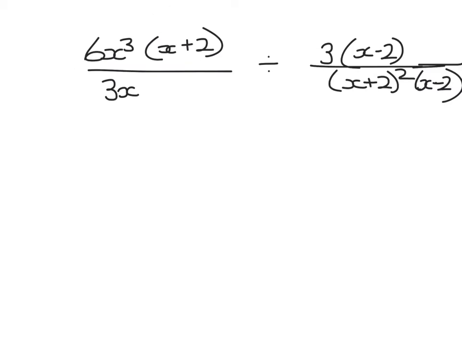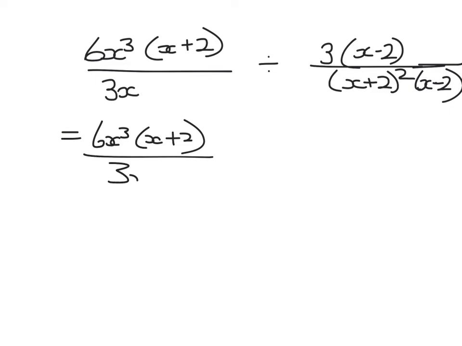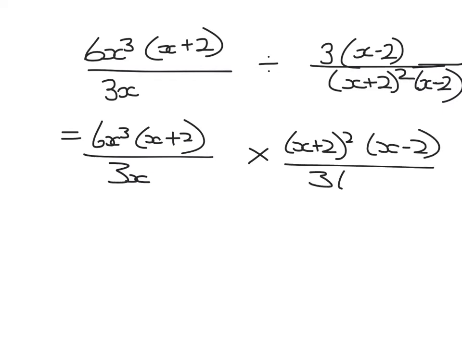Okay, let's do another one. This is a bit of a woozy, but we're going to do the same thing. First step, as always, we do keep, change, flip because it's dividing. 6x cubed times x plus 2 over 3x, and then we're going to times that by x plus 2 squared times x take 2 over 3 bracket x take 2.